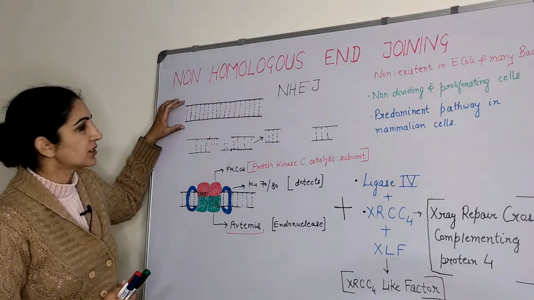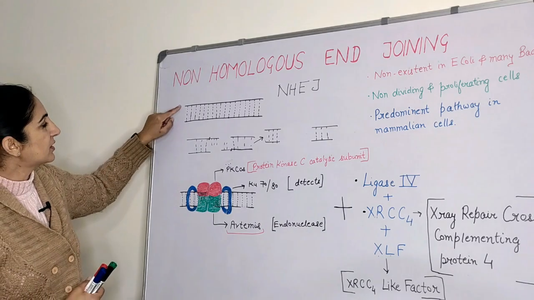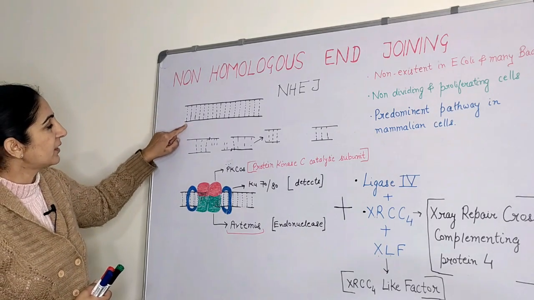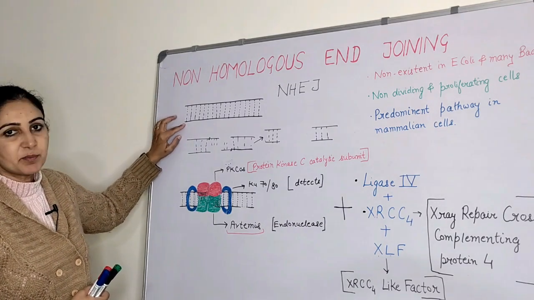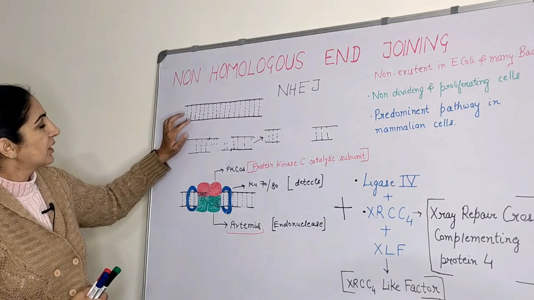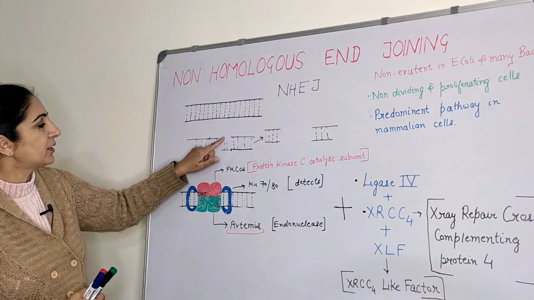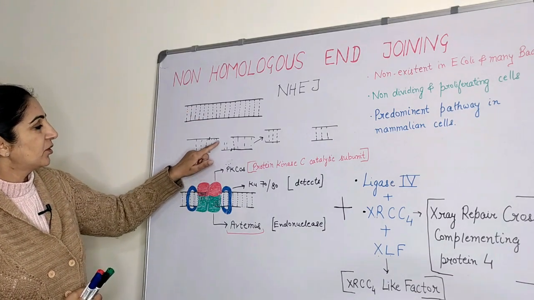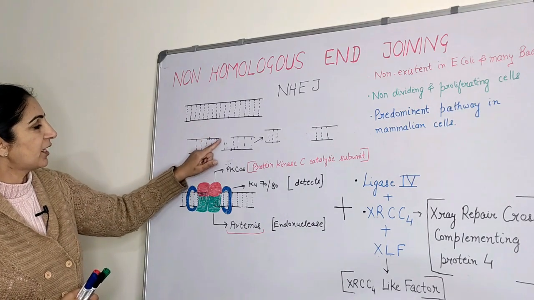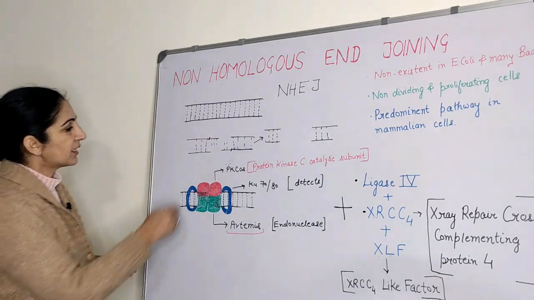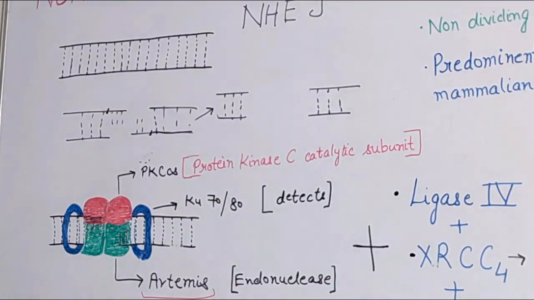This is our intact DNA molecule. This is strand first, this is the other strand. These two strands are antiparallel to each other. Now let's say that the double strand break has occurred. So both the strands of DNA have broken. These are the overhanging ends.